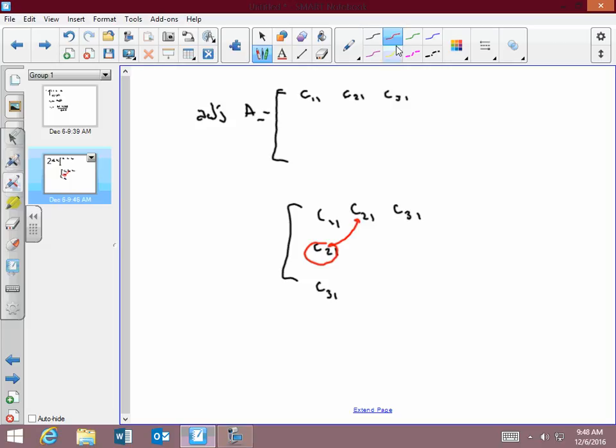In other words, do you understand what I'm saying? An adjugate, you're not doing the cofactors straight down. You're taking the columns and putting them into rows. But these are all cofactors of the A matrix. Does that make sense?